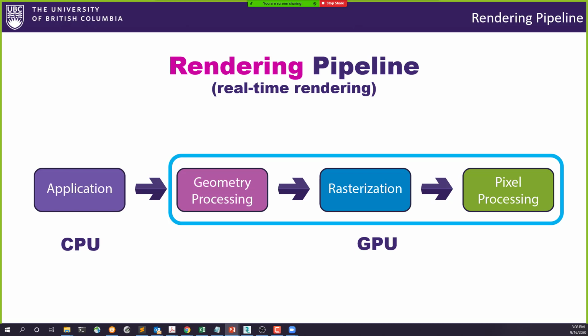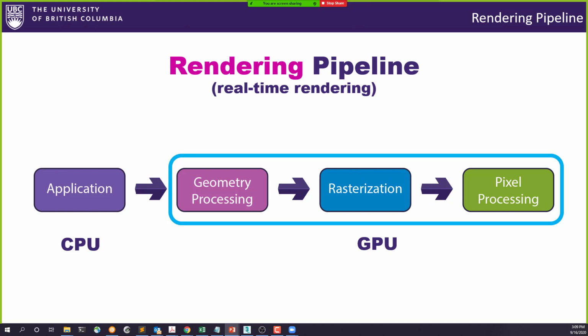Your JavaScript will not be processed on the GPU, right? The GPU is the shaders, right? Not everything in the JavaScript will be processed on the CPU, but some parts of your JavaScript are basically your application stage, right?